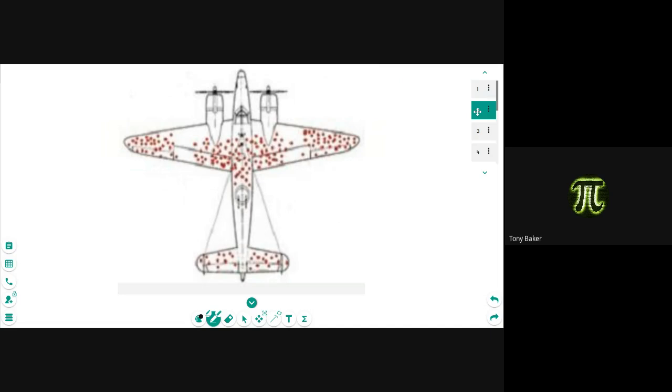All right, so here's a picture of a plane that came back and landed safely from World War II. All the red dots are bullet holes. If we're going to make the plane safer and we want to add armor plating to make sure the plane doesn't crash or get shot down, where should we put the armor plating?